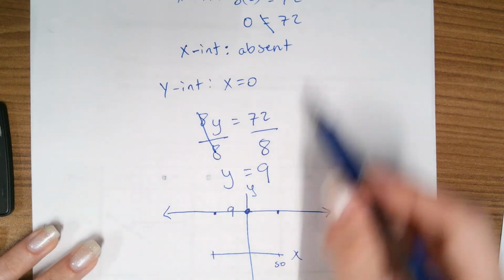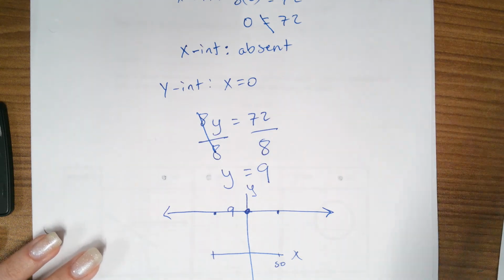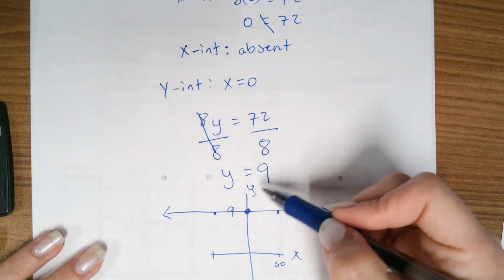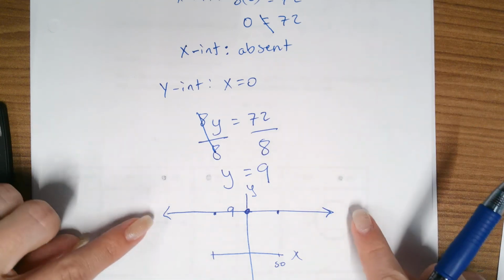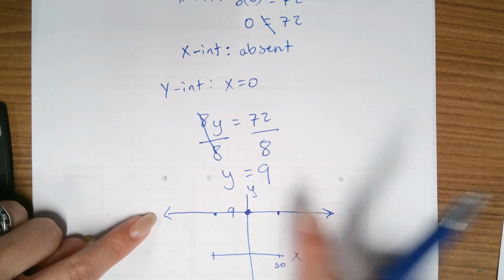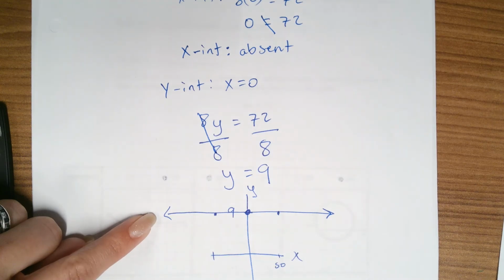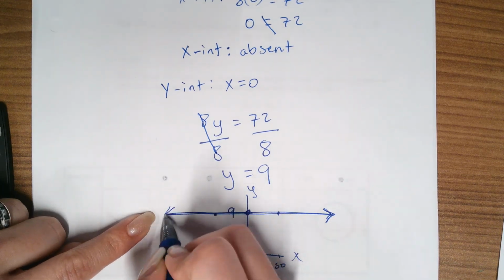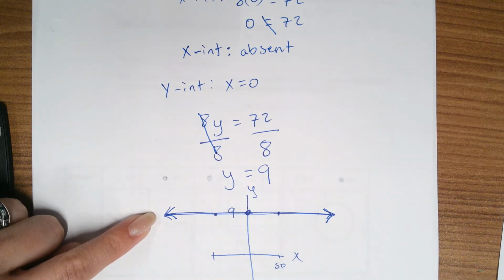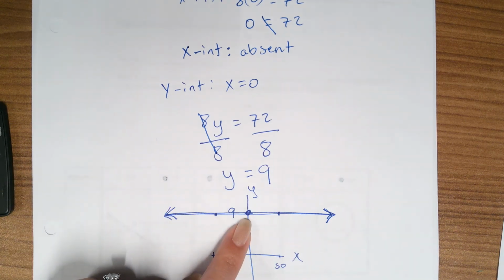So anytime you are presented with an equation or a linear function that simplifies to just y equals a number, know automatically that you're going to have a horizontal line that crosses through whatever that y value is. So in this case, y is 9, so it crosses through this value right here where y is 9. So that tells me that my y-intercept is 9, or 0, 9.